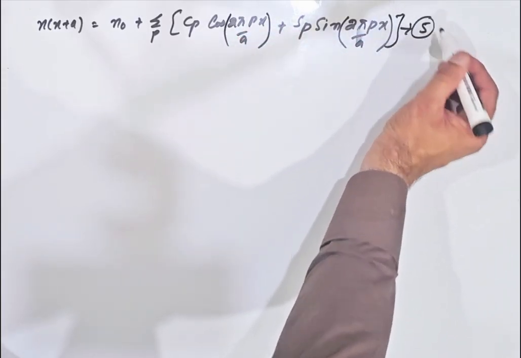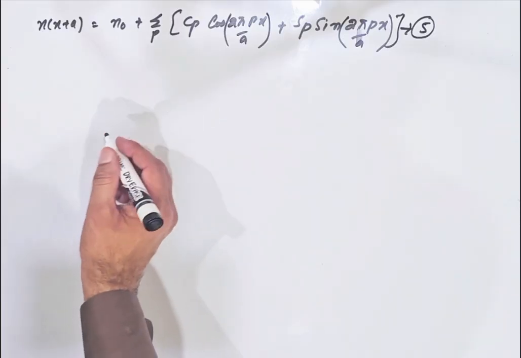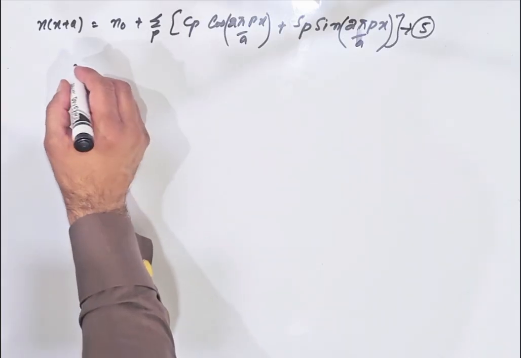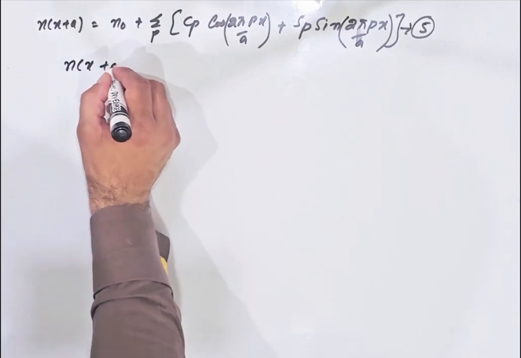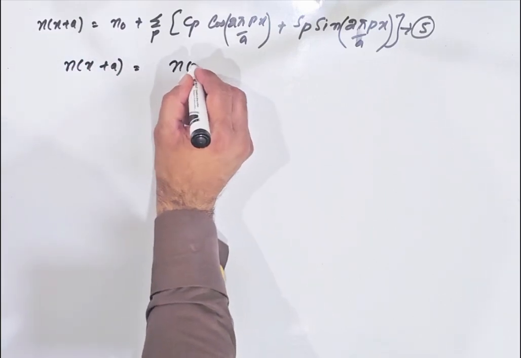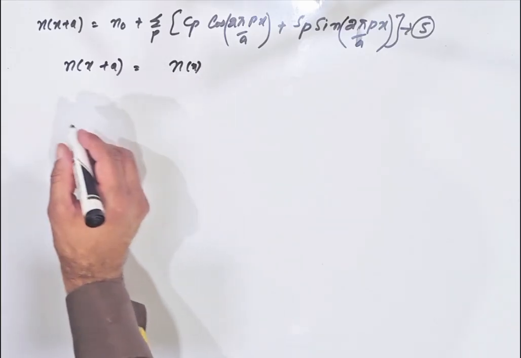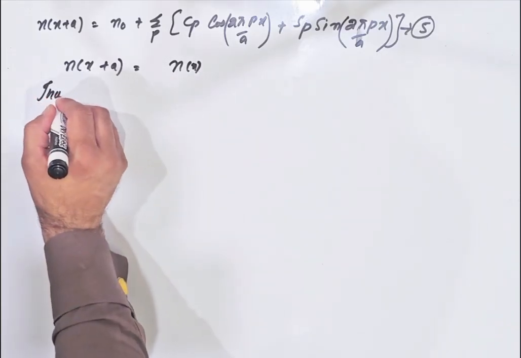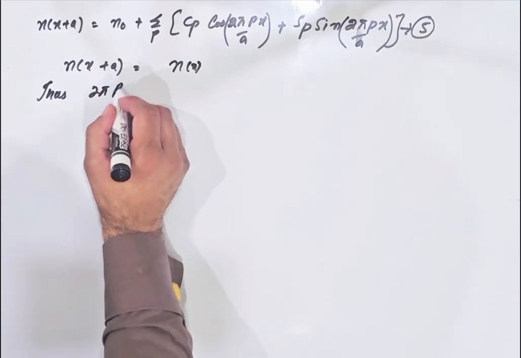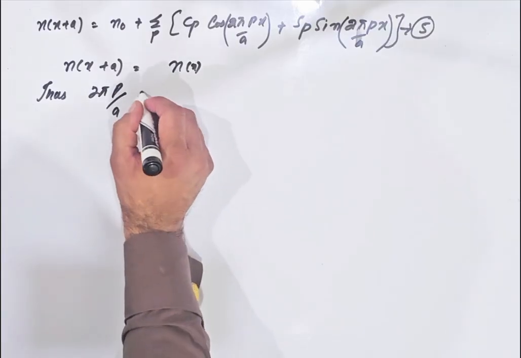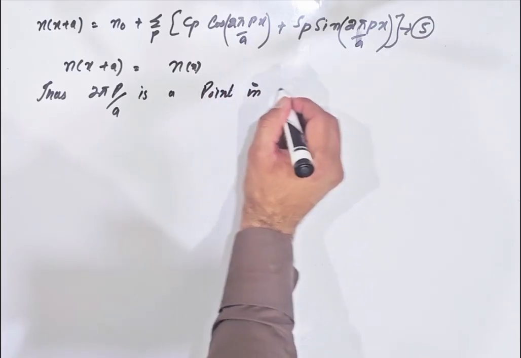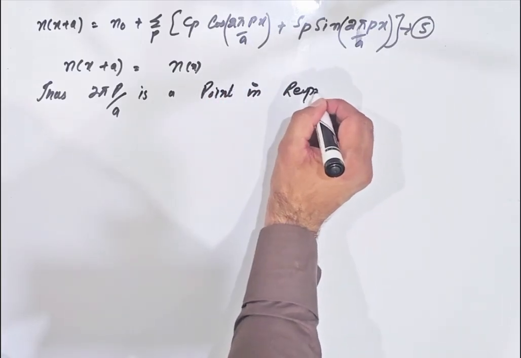This is equation 5. So n(x plus a) is equal to n(x). Thus 2 pi p by a is a point in reciprocal space.